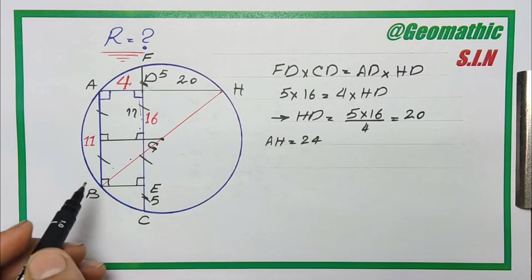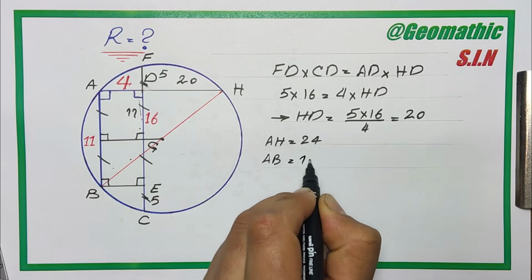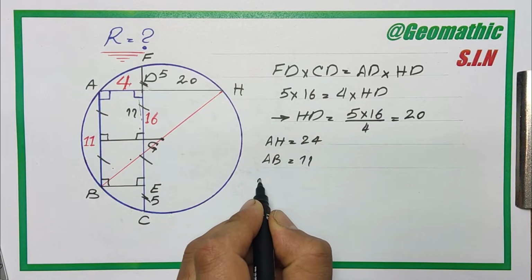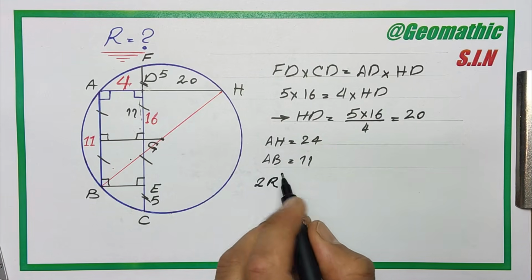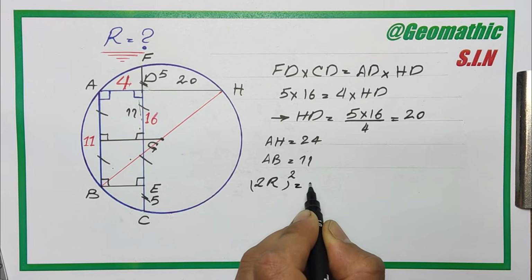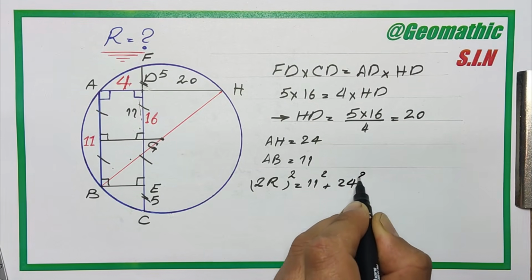And AB, as we have, equals 11. The diameter is twice the radius, so 2r squared equals 11 squared plus 24 squared.